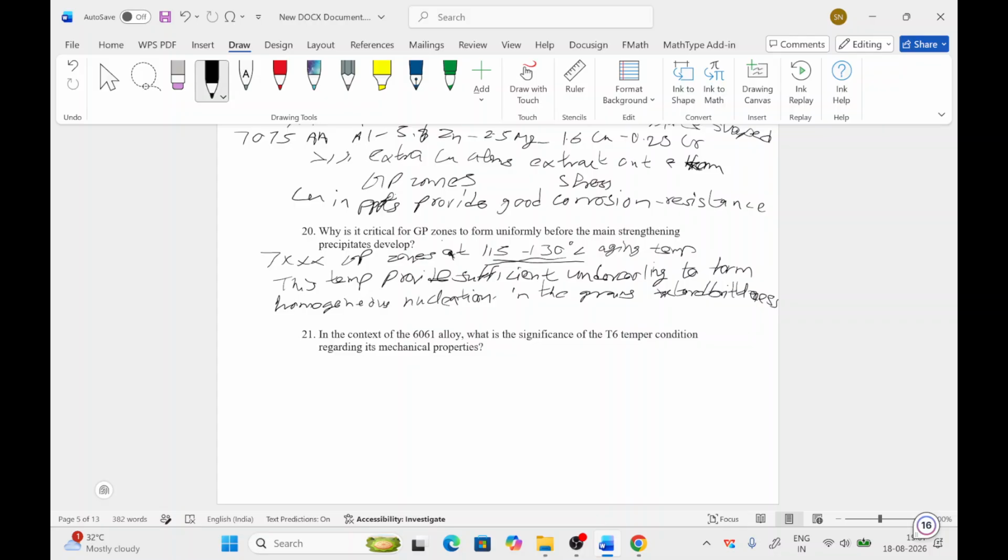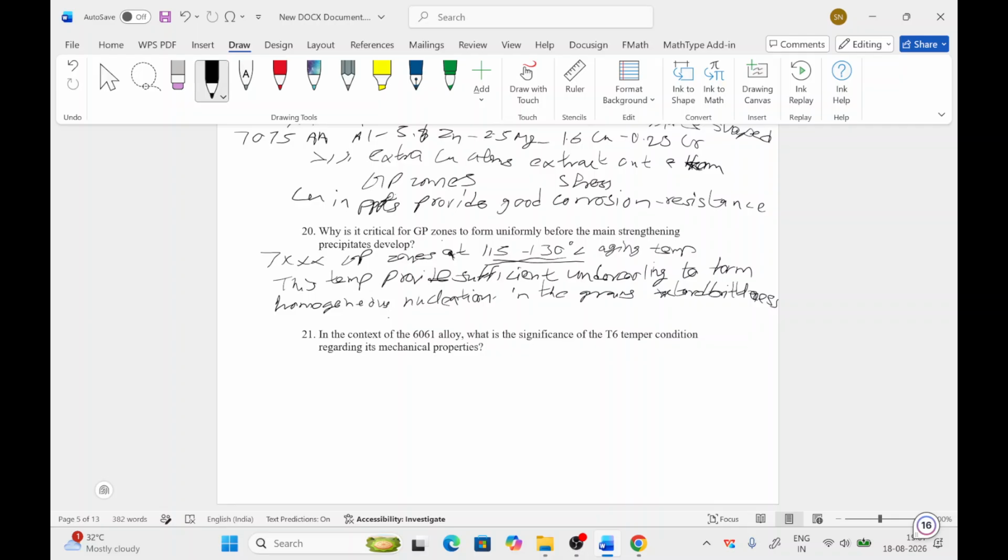These precipitates at the grain boundaries lead to intergranular fracture and reduce the ductility of the 7000 series alloy. But in homogeneous nucleation, the small GP zones are created within the grains uniformly, and after that we do second step aging.